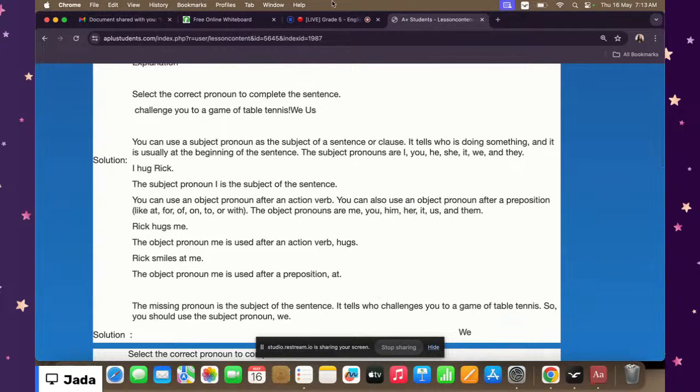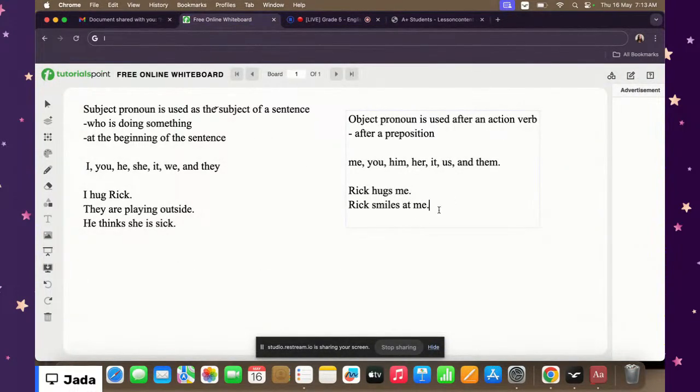Okay, let's have some more examples. Can you guys leave some examples on the chat box for the object pronoun? Let's go with the object pronoun first.